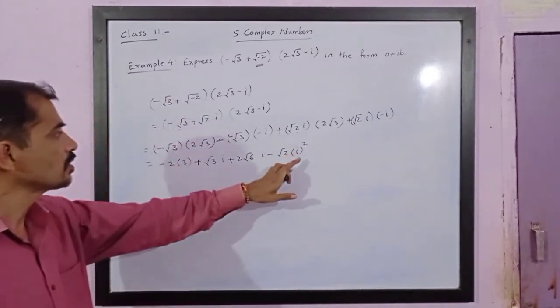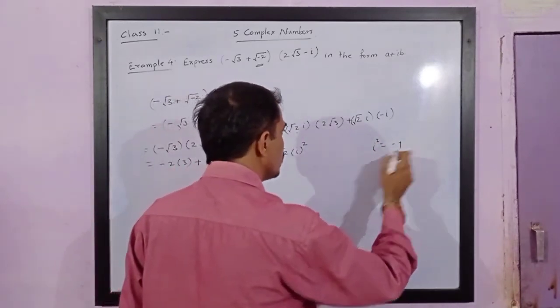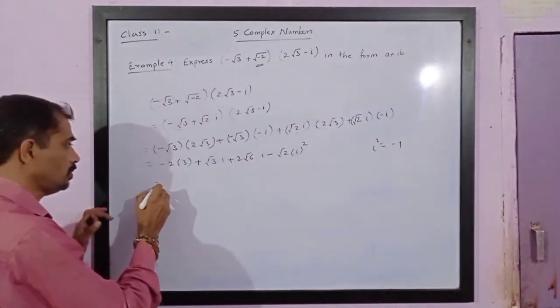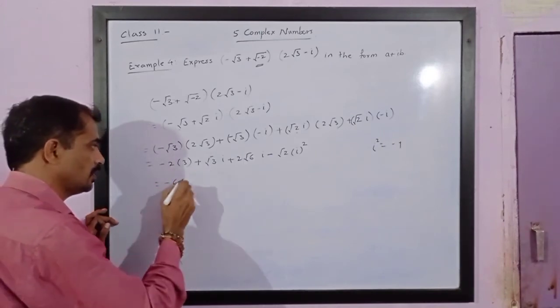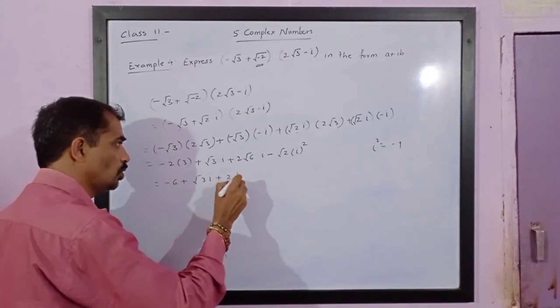Now i square is equal to minus 1. So this becomes negative 6 plus root 3i plus 2 root 6i plus root 2.